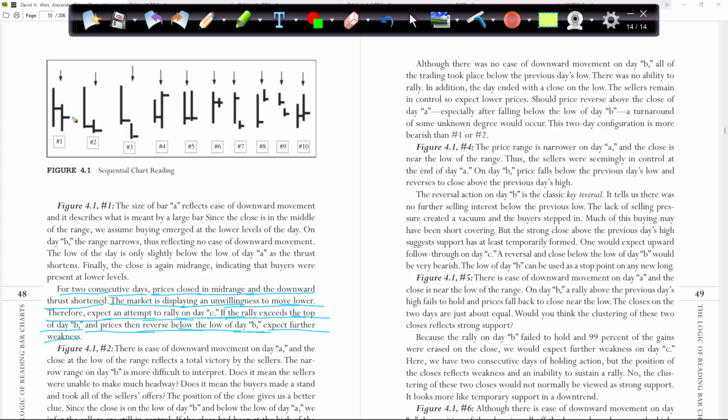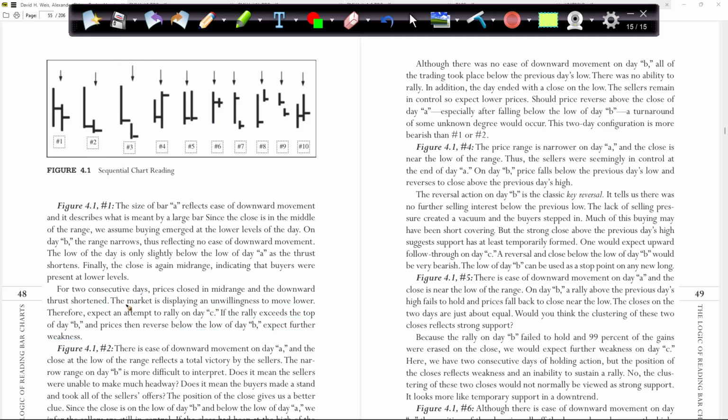It opened here, went down, then went up and took out this high. Now what we are saying is if the candle goes and closes below it, that supports further weakness, meaning further going down.